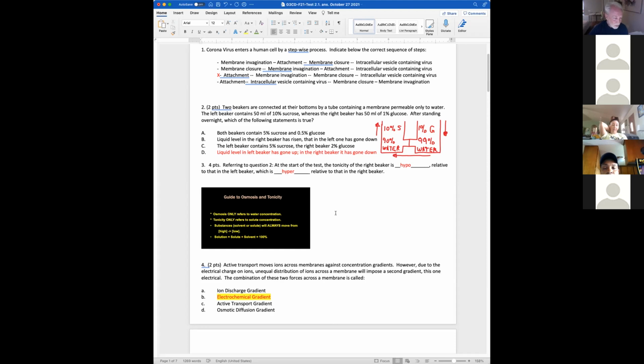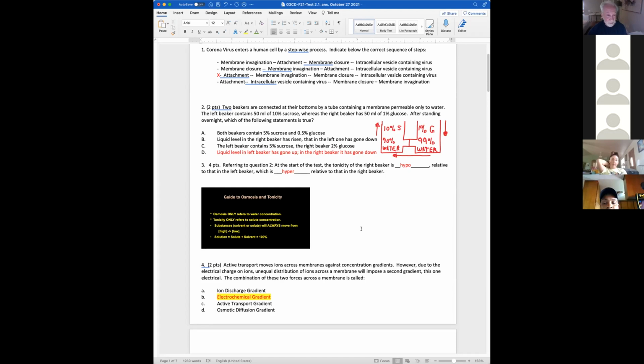And a solution always has 2 components, a solute and a solvent. And when you add them together, it always comes to 100%. So these are the rules. And if a question on this comes up, and it will if nowhere else on the final exam, use these rules and you'll always get it right.